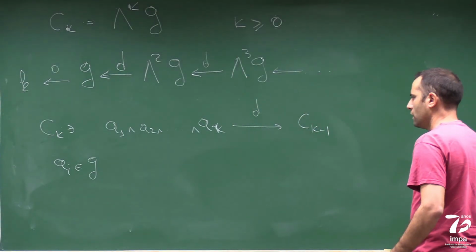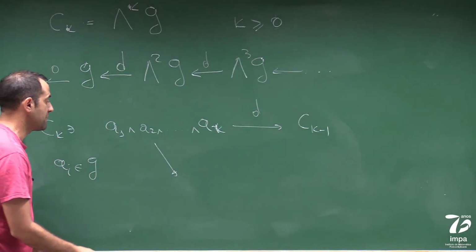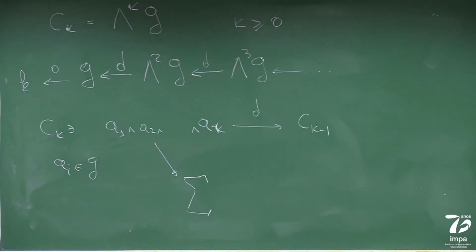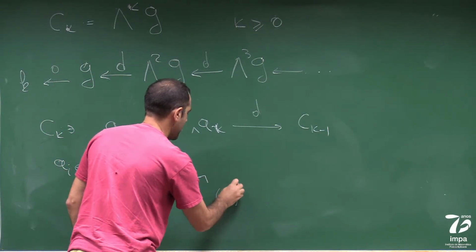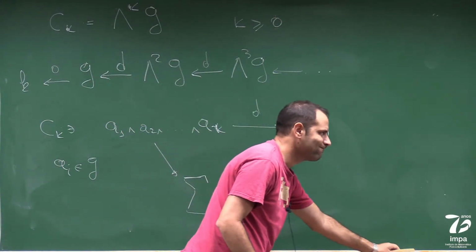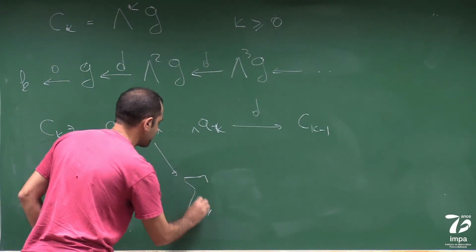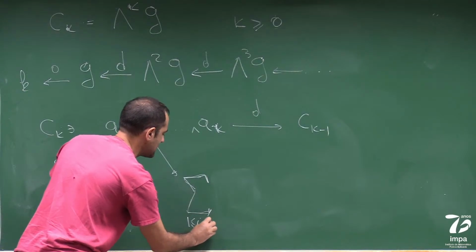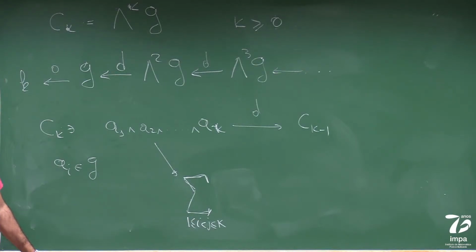I think I can probably write it here. So D of that guy is going to be a sum, and I'm going to get the signs wrong surely, but it doesn't matter, minus 1 to the i plus j. We're going to fix it immediately. This is going to be only one summand because I've chosen trivial coefficients. So this is over 1 less or equal than i, less than j, less or equal than k. So I'm going to sum over 2 different elements, i and j.